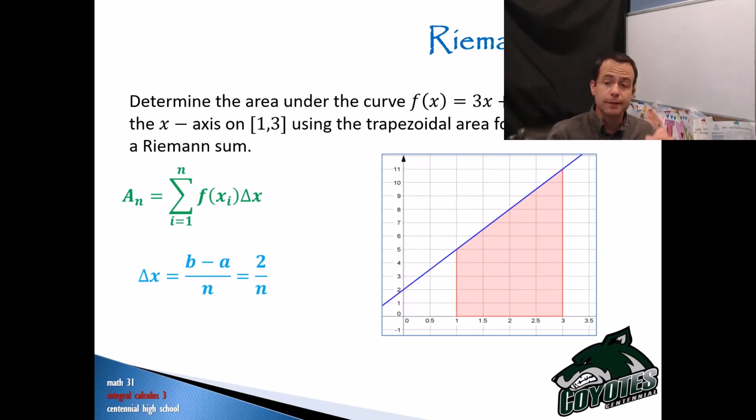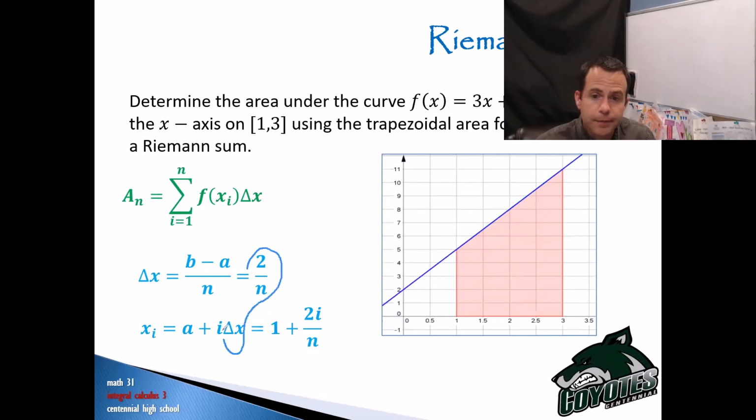And we have defined x subscript i as a plus i times the increment of x. Well, I already know that the increment of x is 2 over n. So i times the increment of x is just 2i over n. a is that starting point, which in this example is 1. Okay, so x subscript i can be represented as 1 plus 2i over n.